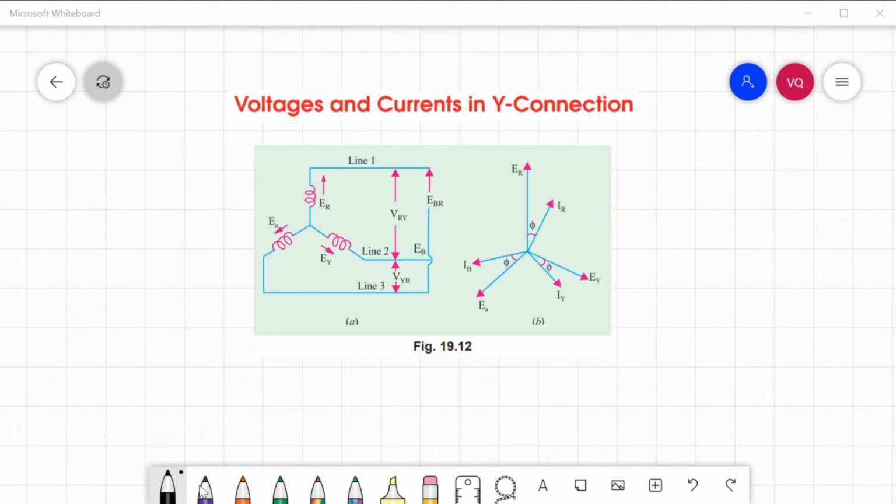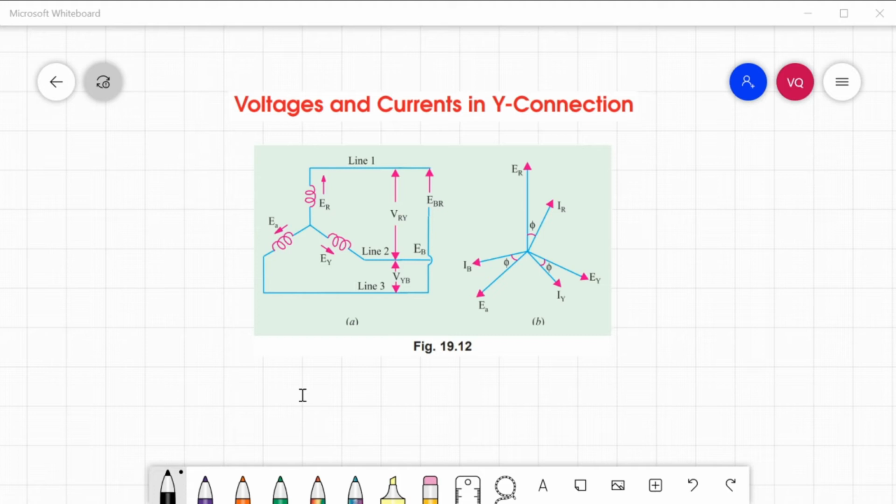The vector diagram for phase voltages and currents in a star connection is shown in 19.12b. Where a balanced system has been assumed, it means that the phase voltage ER is equal to EY is equal to EB, your phase voltage.